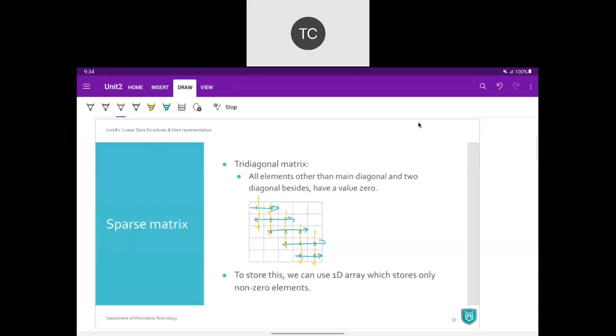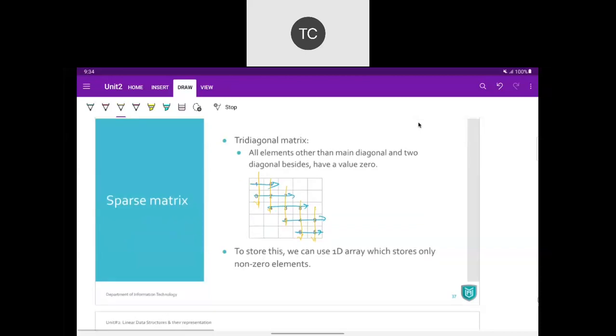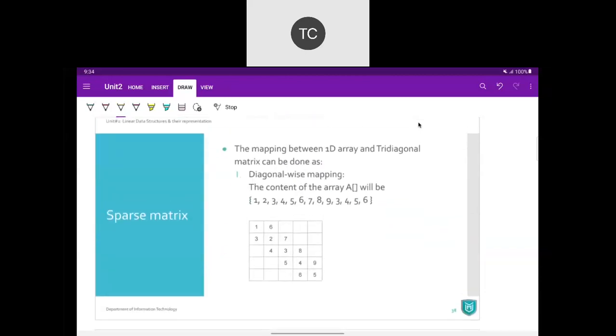But for diagonal matrices, we have a third mapping, diagonal wise mapping, where you need not think about a row or a column. You directly consider entire diagonal, where you start with the principal diagonal first. 1, 2, 3, 4, 5.